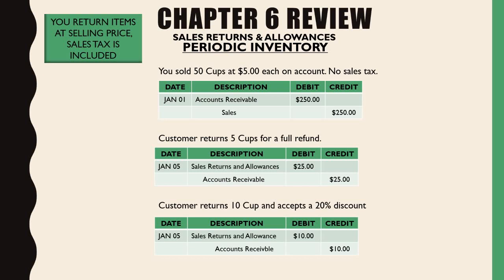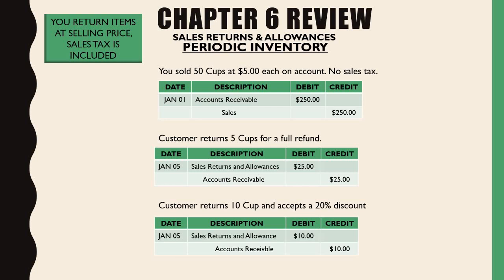So here's a little course review. We learned about making sales for a periodic inventory. All we recognize is when we sell an item, we're only recognizing sales, right? Then we also dealt with what happens when we have returns or allowances.